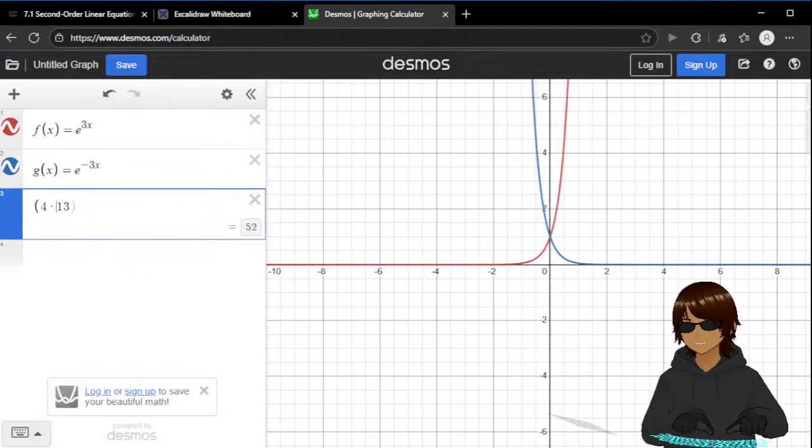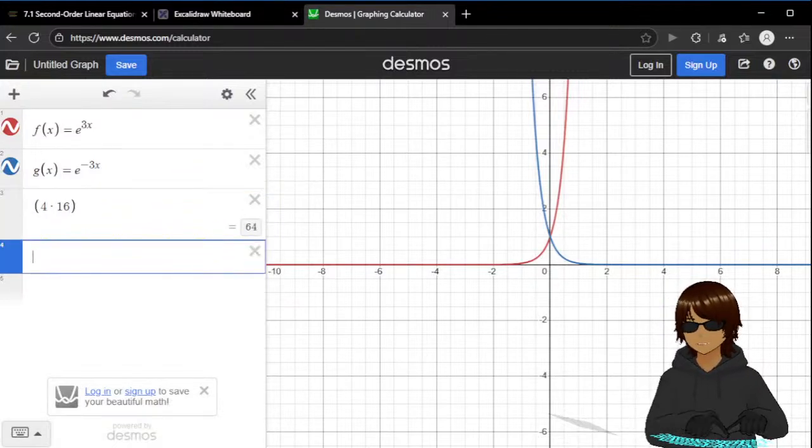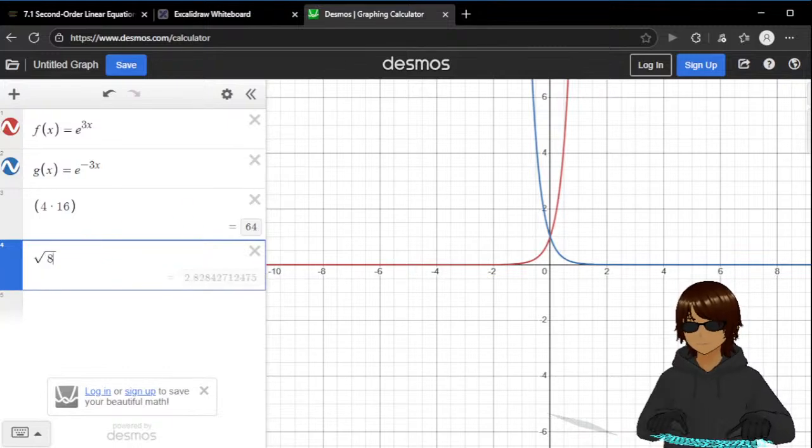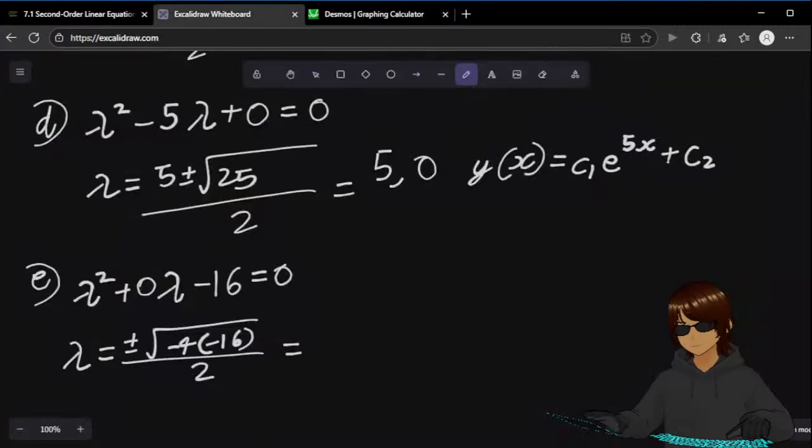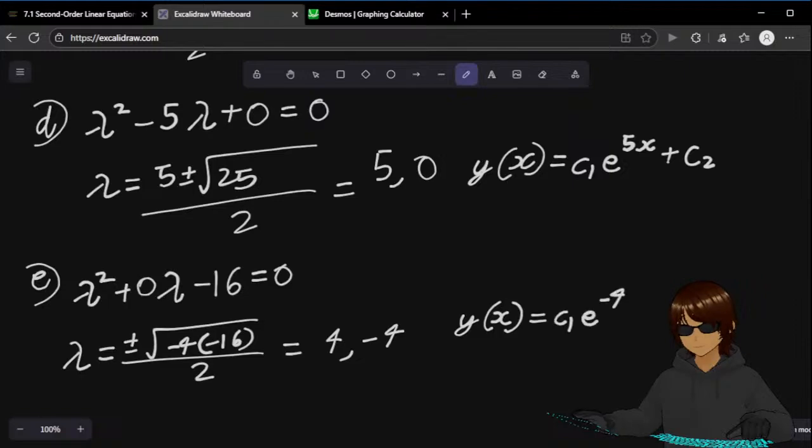What is 4 times 16? 64. So that's root 8, right? Sorry. 8 over 2 is 4. Then we have minus 4 plus 4x.